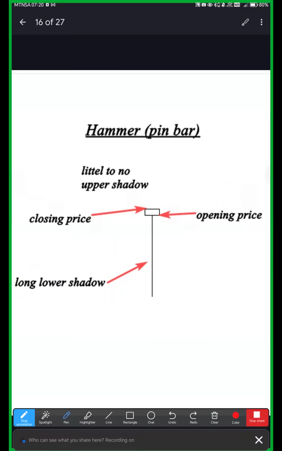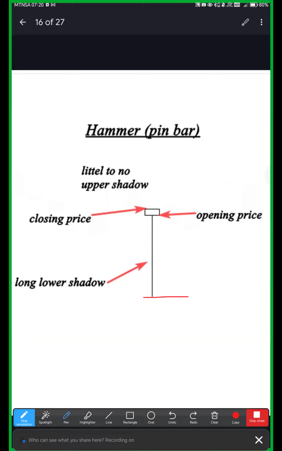So when it comes to a hammer, which is also referred to as a pin bar, it is created when the open, high and close are together. What do I mean by open high? Do you remember we were talking about the high of the market and the low of the market?